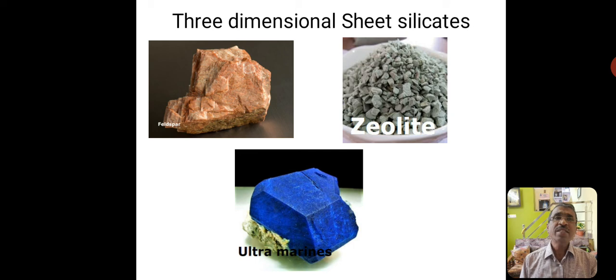So in these cases, the silicon 4 plus is replaced by the aluminium ion and the sodium and some potassium ions. So this shows how the silicates are solid crystalline materials like granites, and also you have the clay, and also you have some of the gems, they belong to this category.